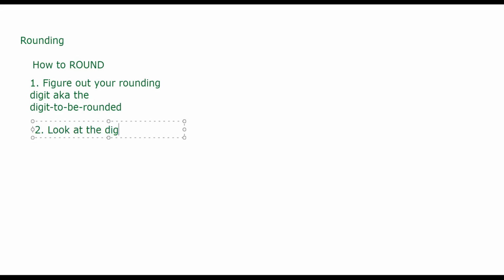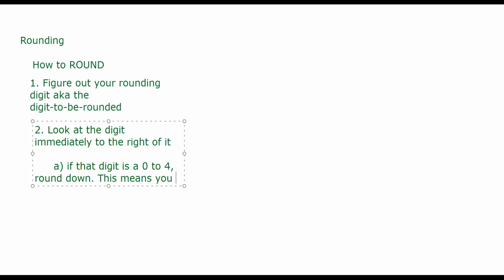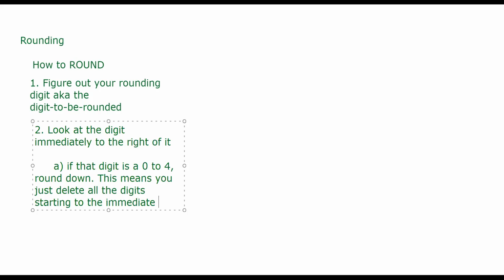Look at the digit immediately to the right of it. If that digit is a 0 to 4, round down. This means you just delete all the digits starting at the immediate right of the rounding digit and beyond.